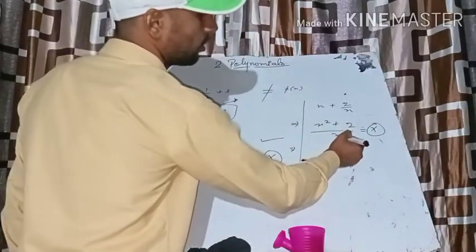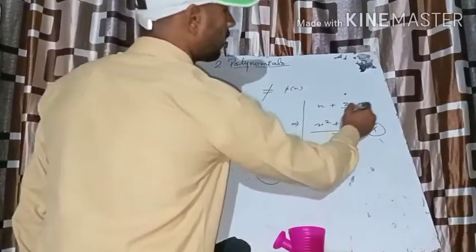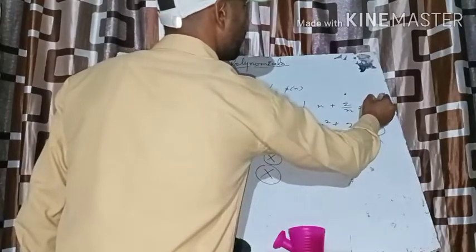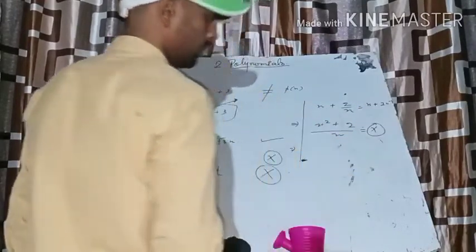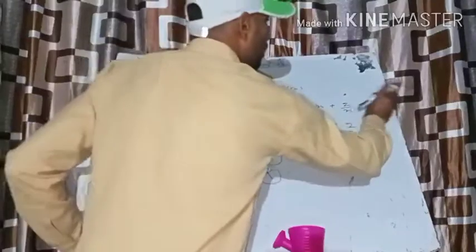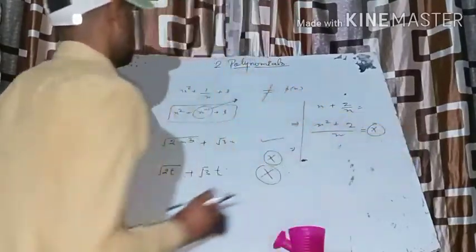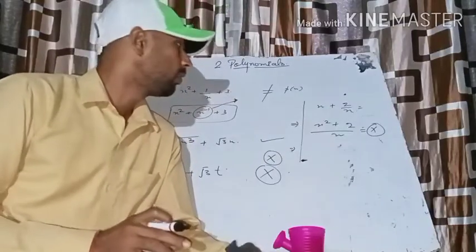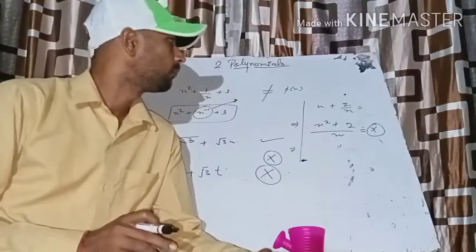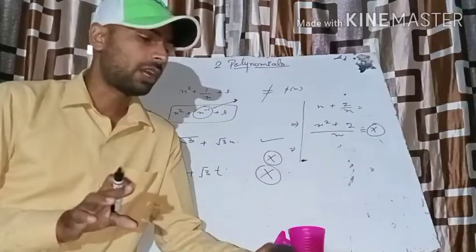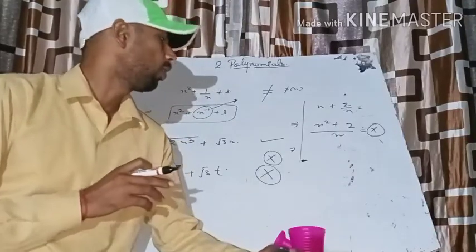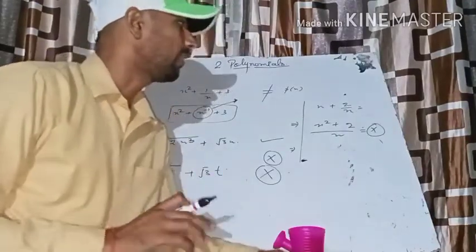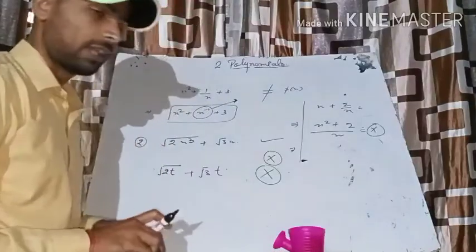Because x is in your denominator, or you can simply write it as x plus 2 to the power of minus 1. So if the corresponding variables have a negative power, or you can say in irrational form, then it will never be a polynomial. Clear?